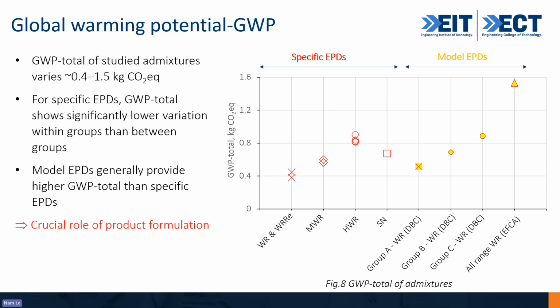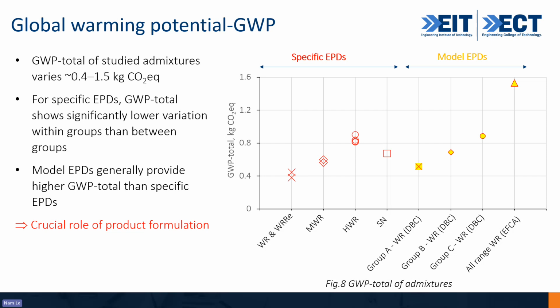And as we know, the model EPDs generally provide the highest value of global warming potential compared to a specific one, right? But from this graph, we can also see that admixtures with more reaction, or more reactivity, will have higher global warming potential, right?